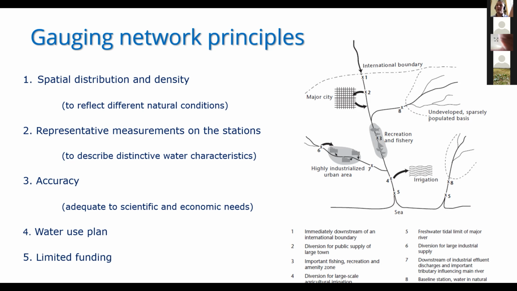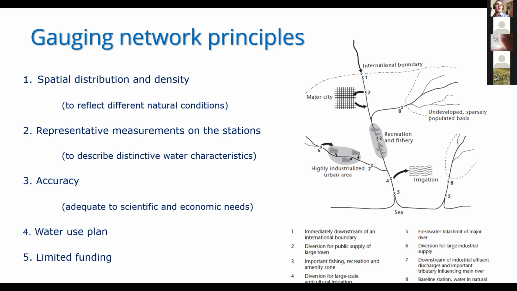The hydrological network should be representative to describe distinctive and special water characteristics, and accurate to be adequate for scientific and economic needs. And also, the hydrological network should be based on water use plans, to provide information for developing territories, developing cities, and economic activities.